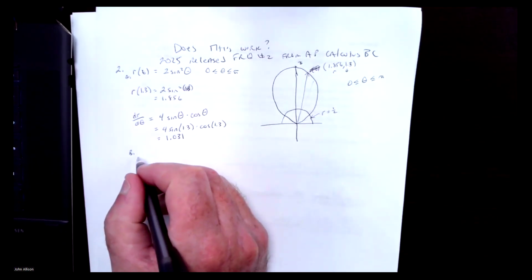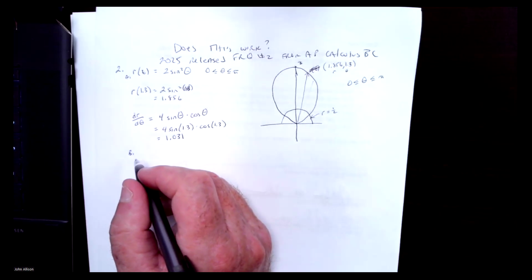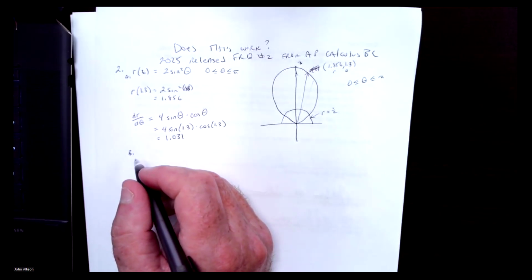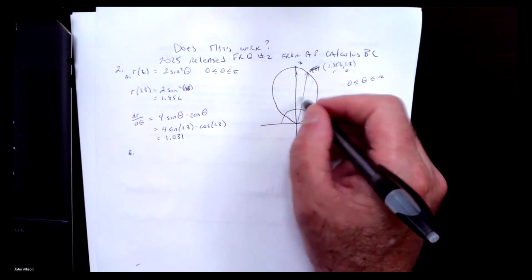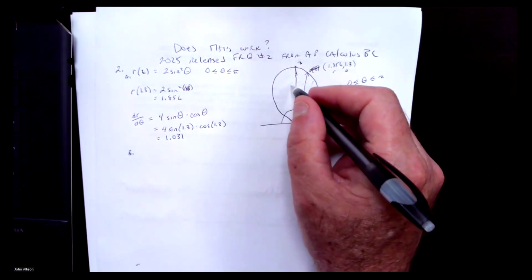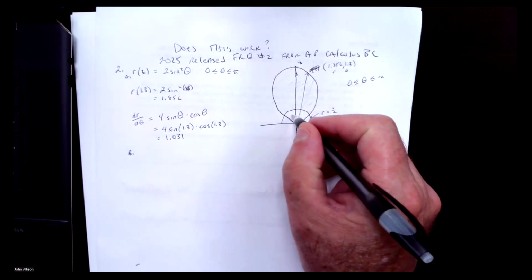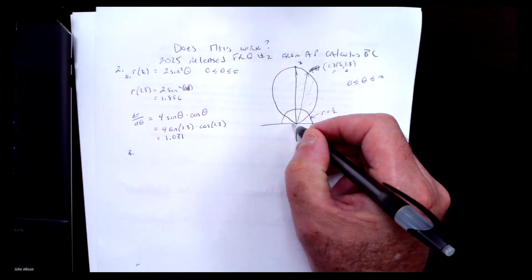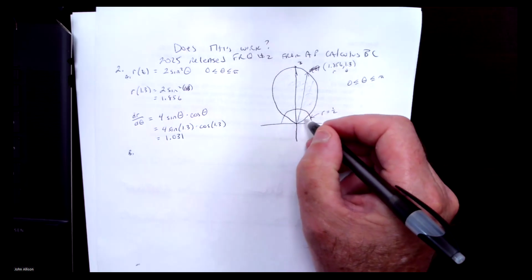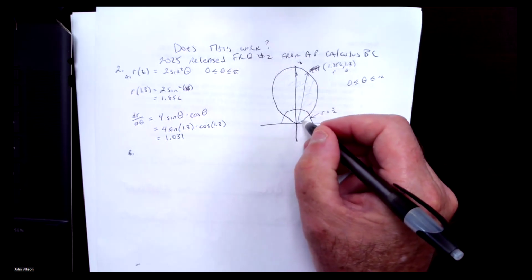Part B says, find the area of the region that lies inside curve C, but outside the graph of the polar equation r equals 1/2. So that's this region. We're excluding this part in here. So we need to find the total area from here to here, and then we need to find the area from here to here.